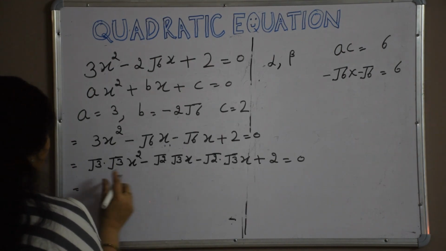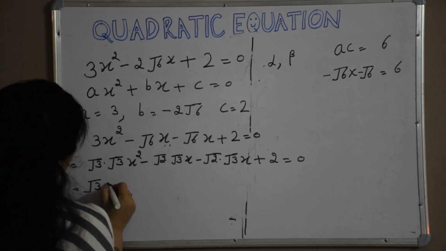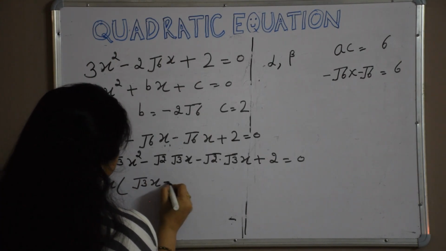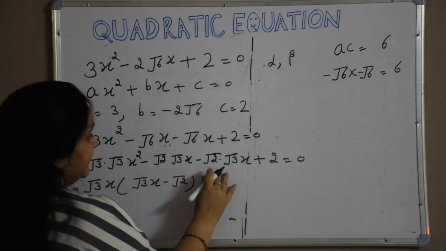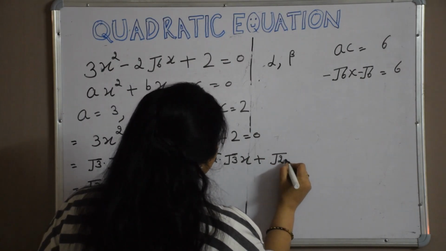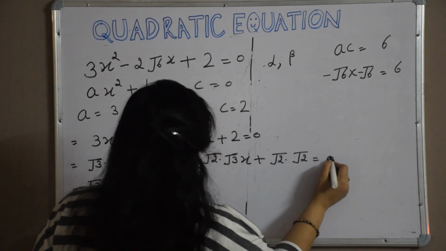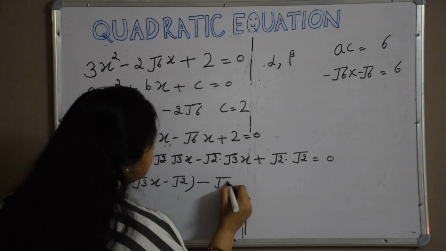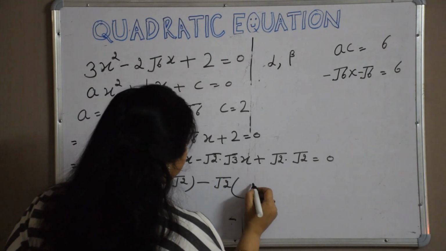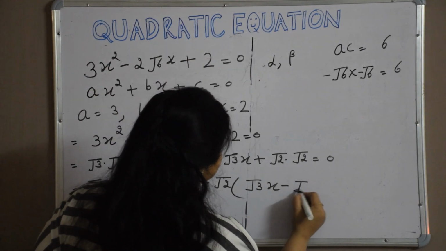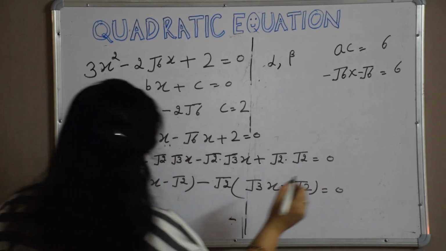Now you have to take common factors. So easily we can see root 3x is common, and inside we have root 3x minus root 2. And here this 2 also you can split as root 2 into root 2. Now again here you can take minus root 2 common, and inside we have root 3x minus root 2 equals 0.